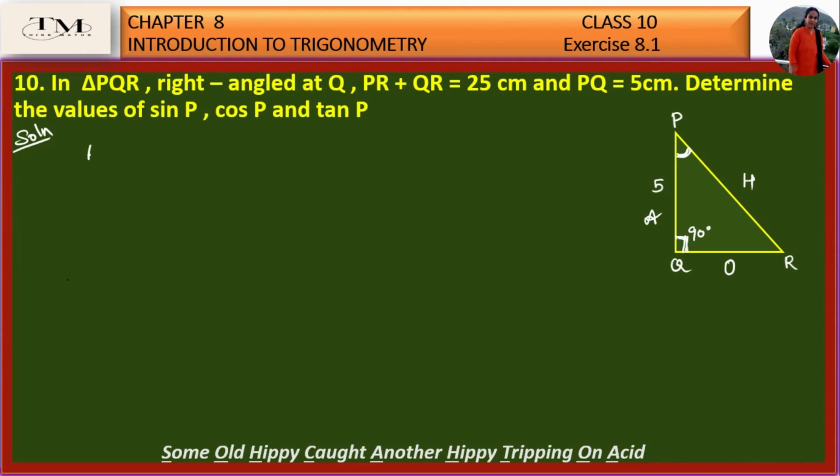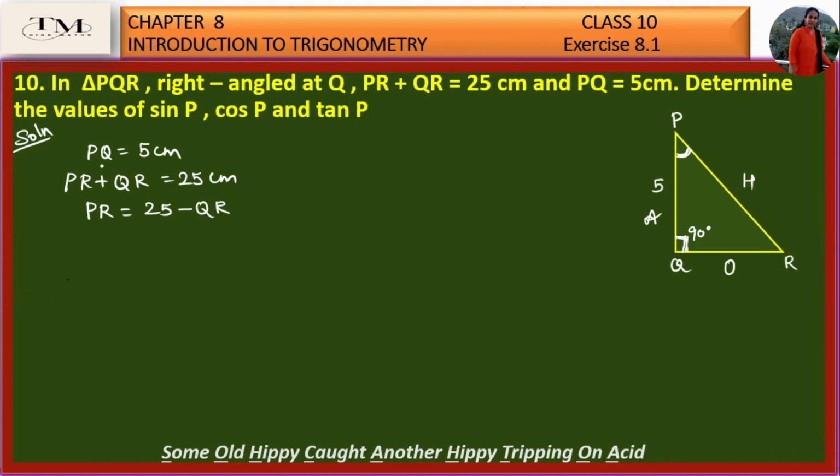It is given that PQ is equal to 5 centimeter. Then PR plus QR equal to 25 centimeter. So let us keep this PR as such and take QR to other side. So it will become 25 minus QR. Okay.